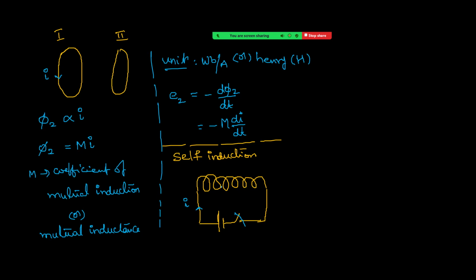And we know that the direction of induced EMF, or the direction of induced current, is in such a way that it opposes the cause of its production. So here we have taken a solenoid where current changes, because of that flux changes, and because of that EMF is induced. And this property is known as inductance.